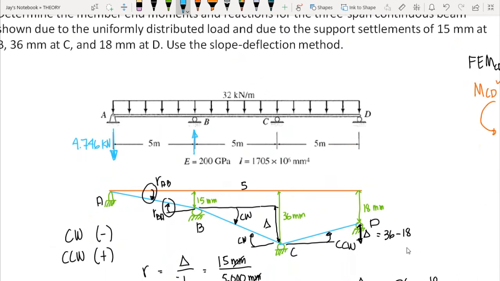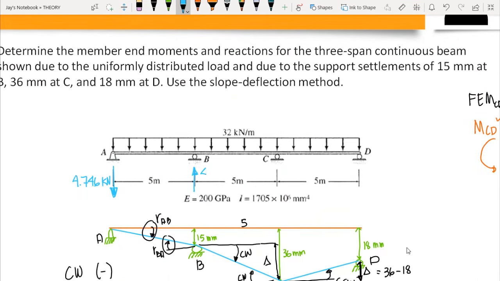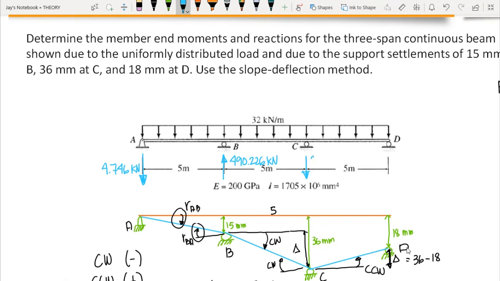For reaction B, we have 490.226 kilonewton, which is acting upward. For reaction C, we have 246.294 kilonewton, which is acting downward. And lastly, we have RD, which is acting upward, and this is 240.774 kilonewton.